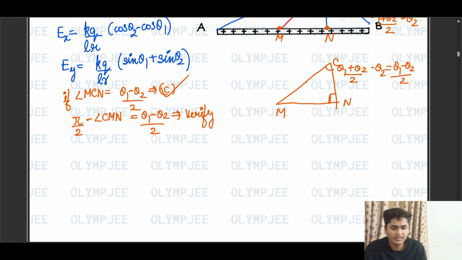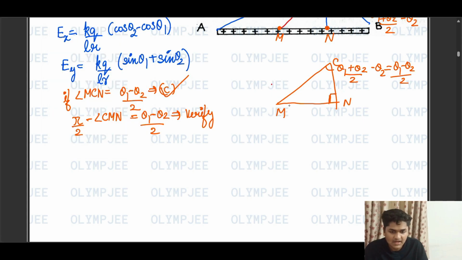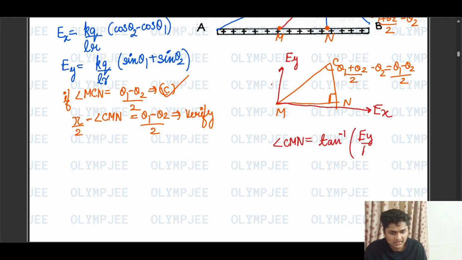So we need to find angle CMN, and we know that this is the field that we have extended. So Ex is in this direction and Ey is in this direction. So angle CMN can be given as tan inverse of Ey by Ex, right?